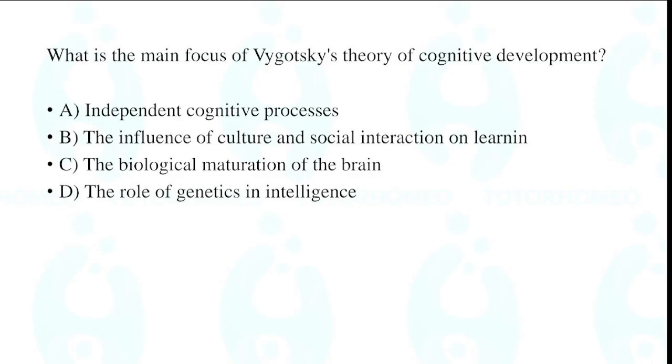Vygotsky has always emphasized that cognitive development is largely influenced by social interactions and the cultural context in which the child is raised. So the main focus is definitely the influence of culture and social interaction on learning. That is the correct answer.